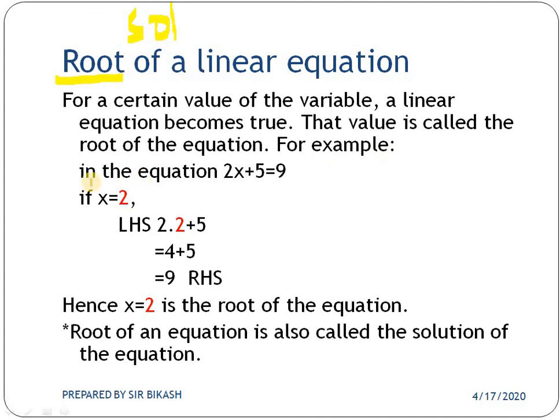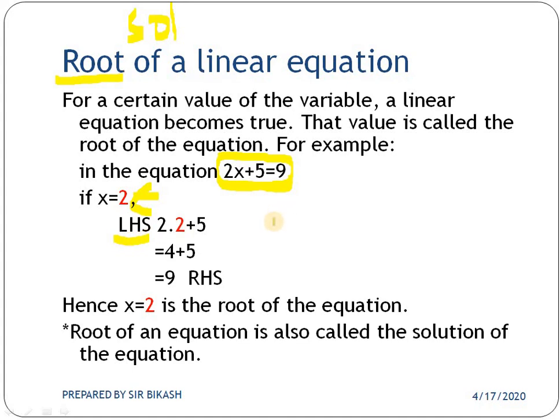For example, in the equation 2x plus 5 equal to 9, this is a linear equation in one variable. If we put x equal to 2, what will happen? You see, left hand side, LHS, this means what?